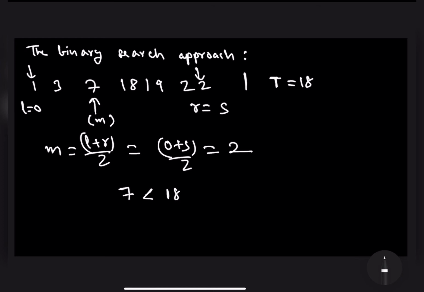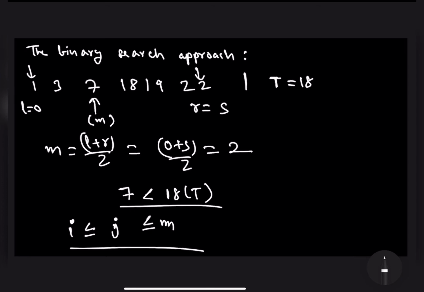I know that 7 is less than the target value, that is t. So I know since 7 is less than the target value, all the indices less than or equal to m will also be less than 18. That's for sure. So it means that all such indices can be eliminated, and my end answer will not be present in them.